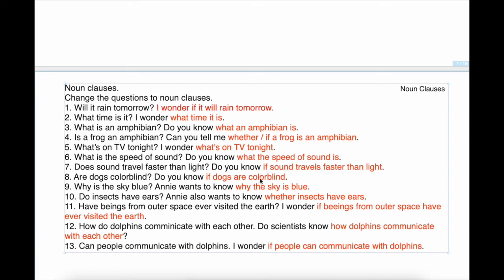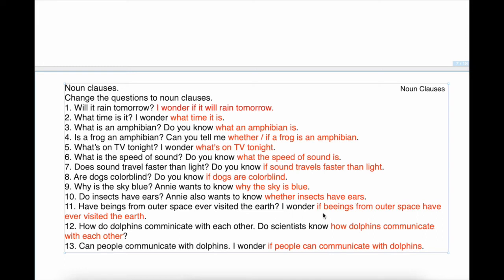Do you know if dogs are colorblind? Direct question, direct question. Annie wants to know why the sky is blue. This is information question. Annie also wants to know whether or if insects have ears.